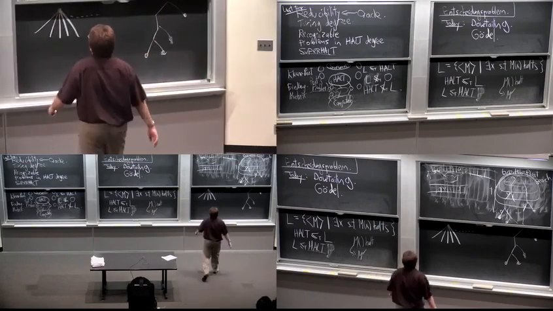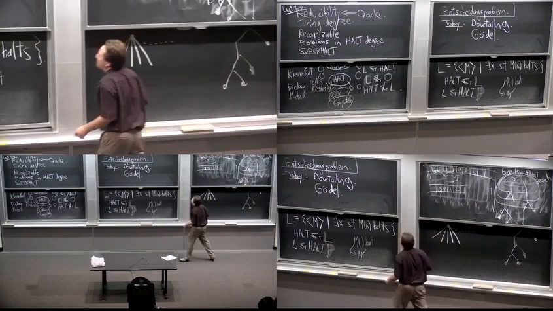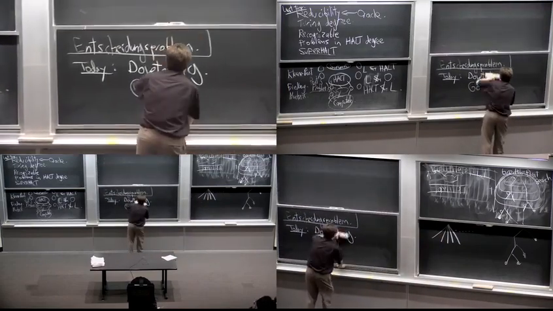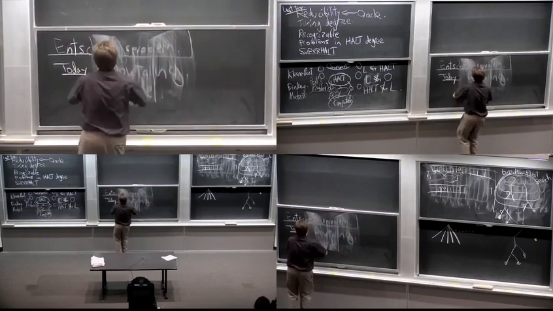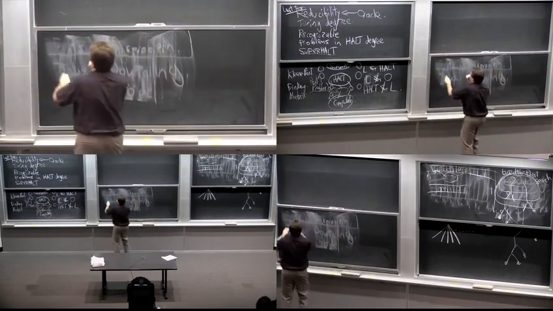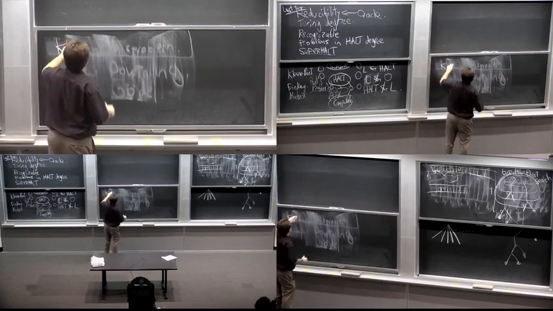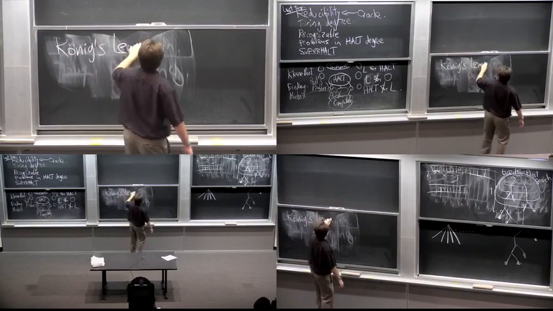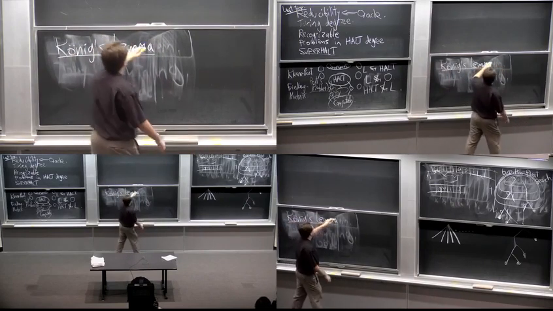Well, what's the difference between the trees? Finite degree, yeah. So the general statement that we want here is called Koenig's lemma.